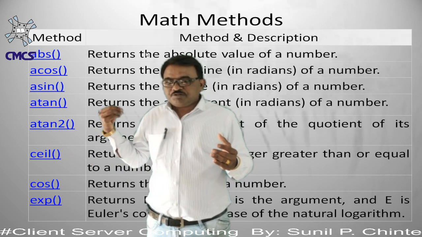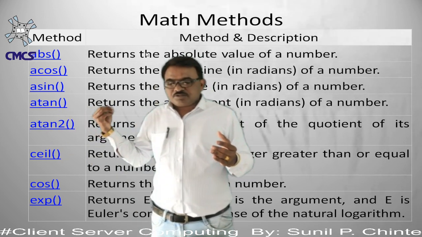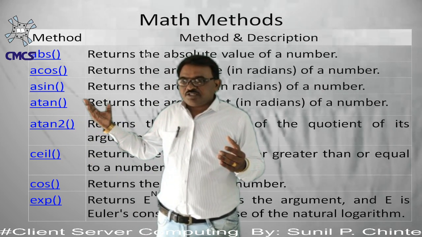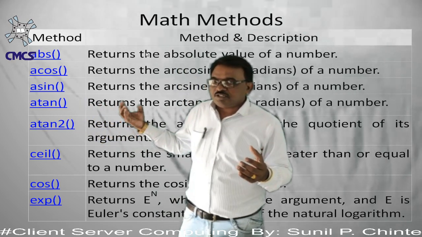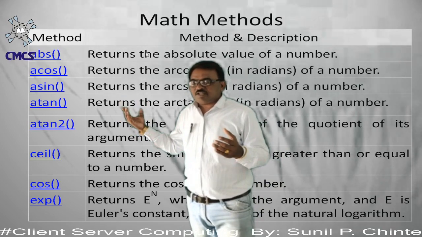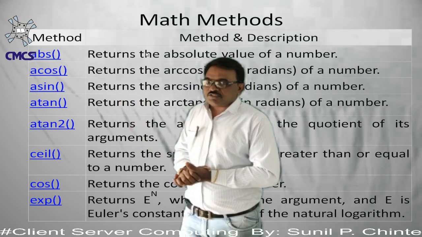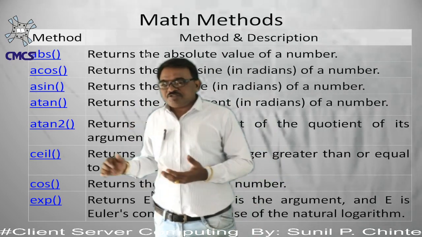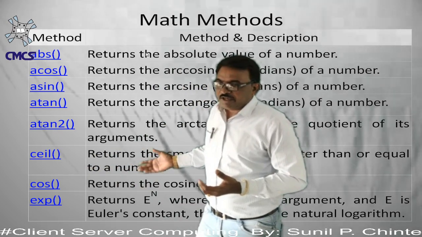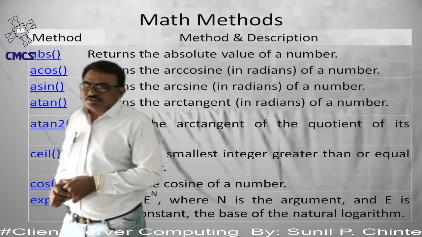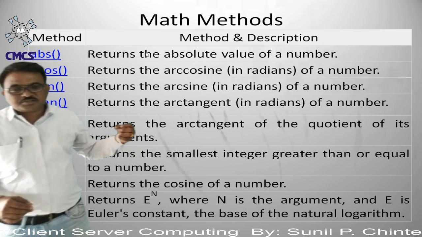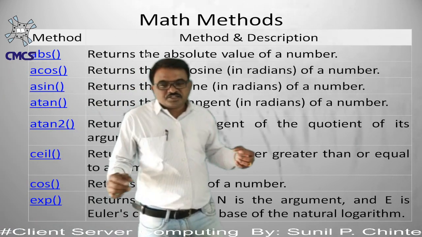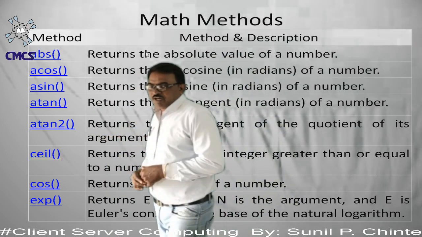Means if you want to return the arc cosine value, we use the acos method. If you want to return the arc sine value, we use asin. Similarly, we can use the sin method, cos method and exp method. Here the cos method returns the cosine value. Similarly, the exp method returns the exponential value.